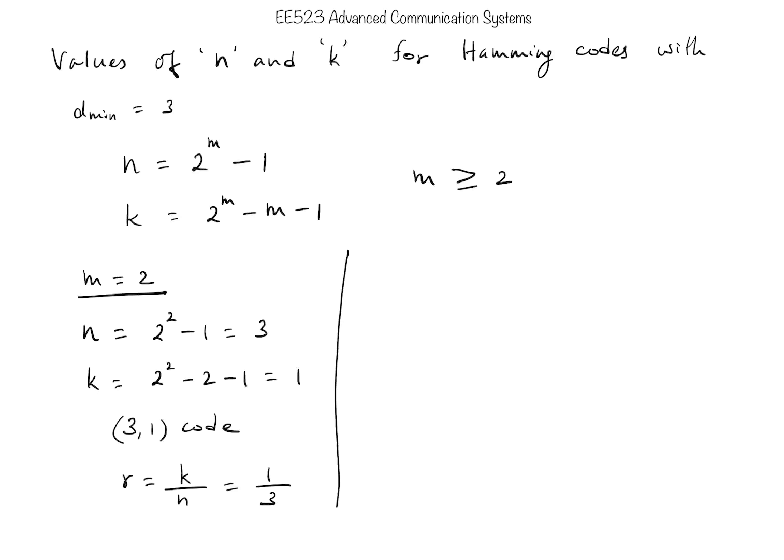So let's do that for m equal to 3. For m equal to 3, what do we get for the values of n and k? n is equal to 2 power 3 minus 1, so that's 8 minus 1, which is 7, and k is equal to 2 power 3 minus 3 minus 1, which is 8 minus 3 is 5, minus 1 is 4, right?